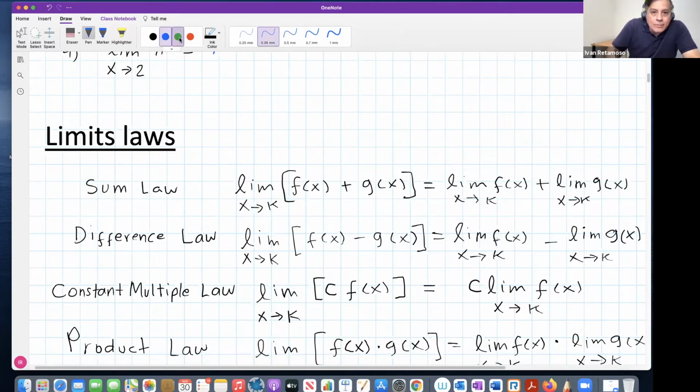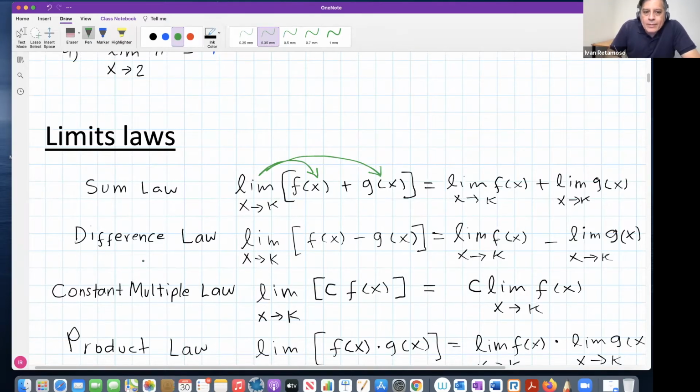To put it simply, limits behave very nicely over sums, in the sense that you can distribute the limit over sums this way: limit of f plus g equals limit of f plus limit of g.